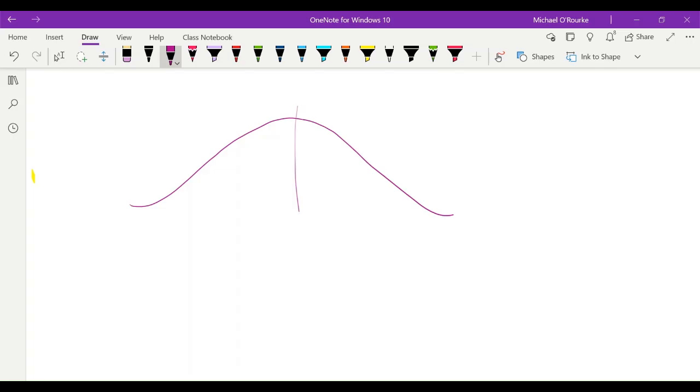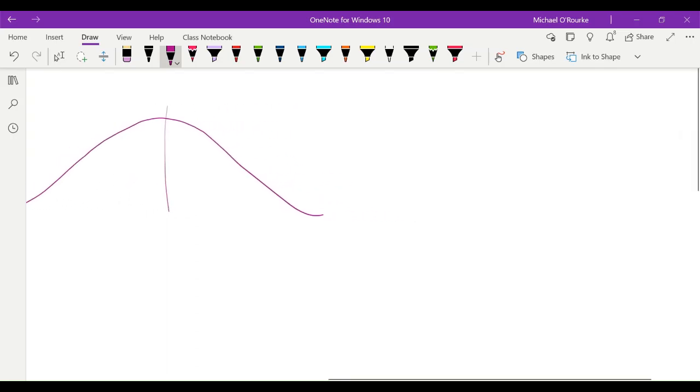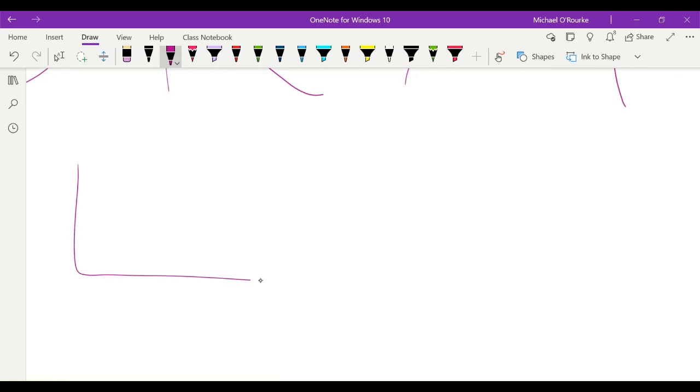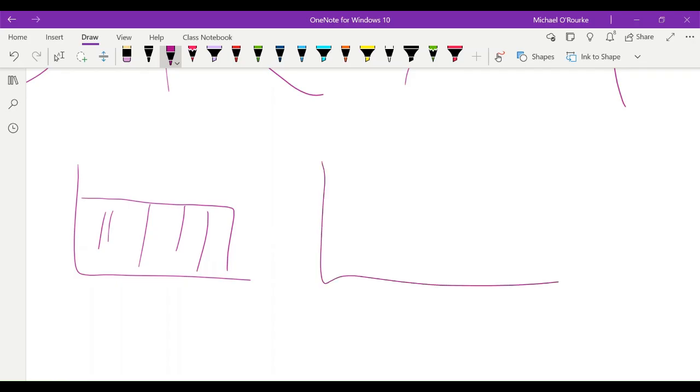Then we have a U-shaped or bimodal, which will look something like this, with two humps, two mountains. We could have uniform, where it would be straight. Now, uniform does not have to be perfectly straight either.